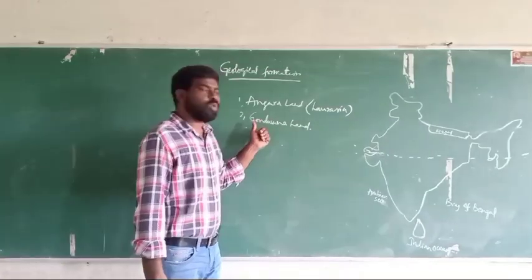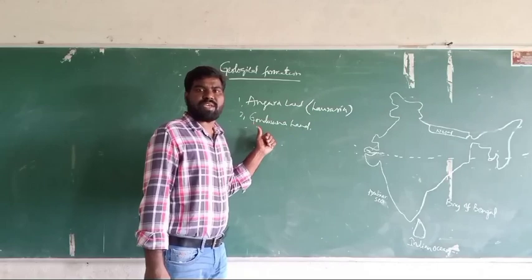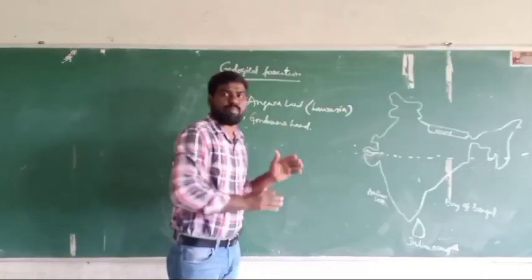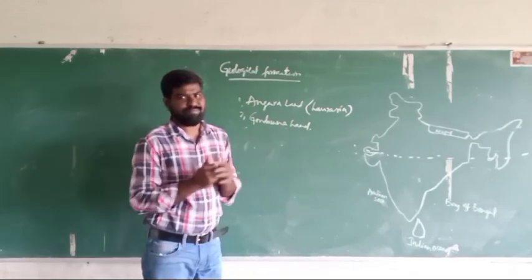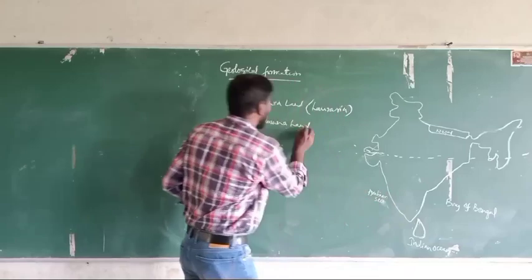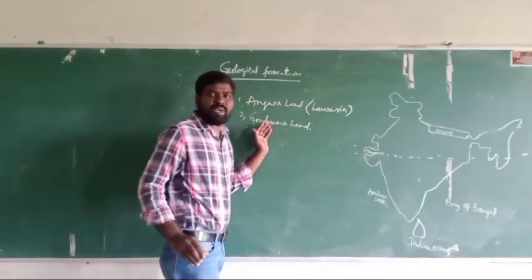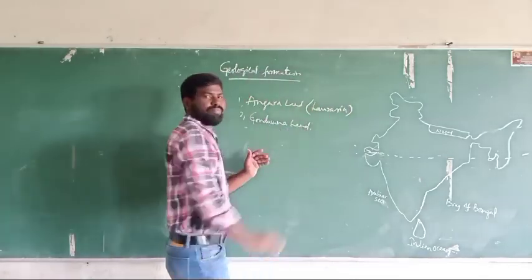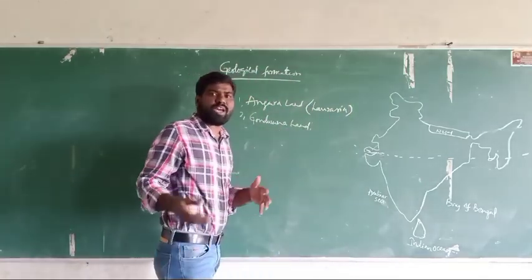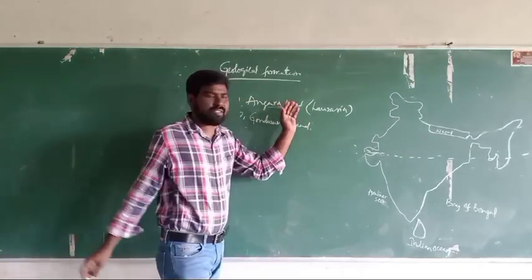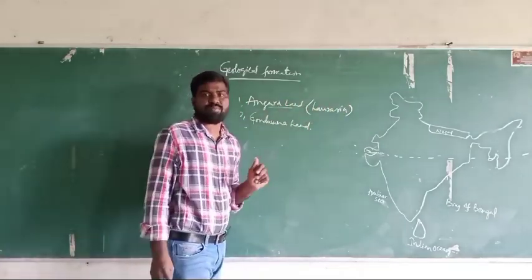Over 200 million years ago, these two land masses began to split, and Gondwana land began to move in a northeast direction and collided into the much larger Angara land, that is the Eurasian plate.